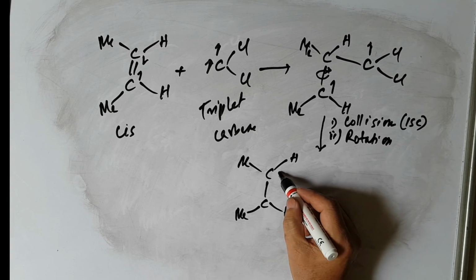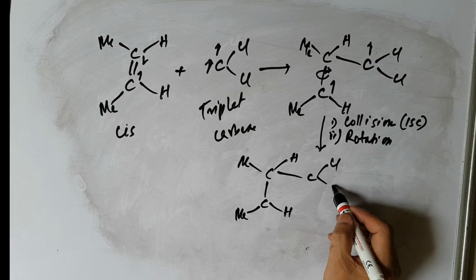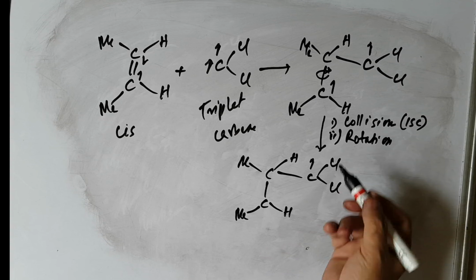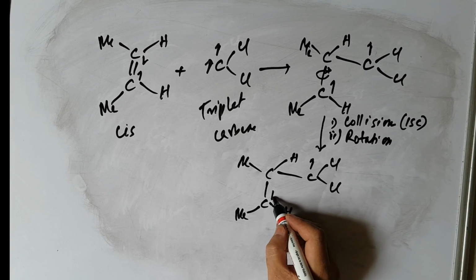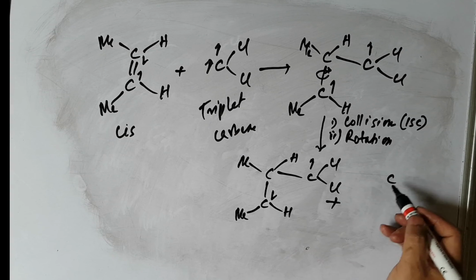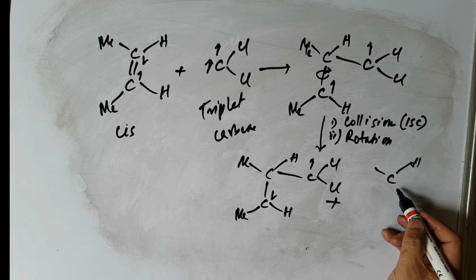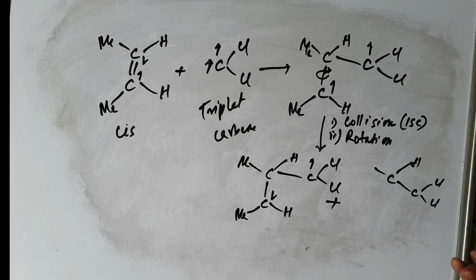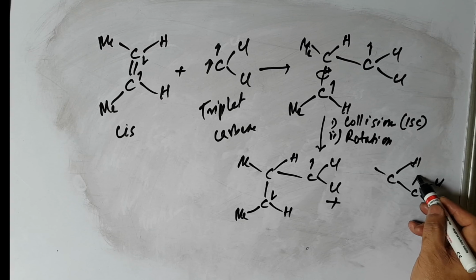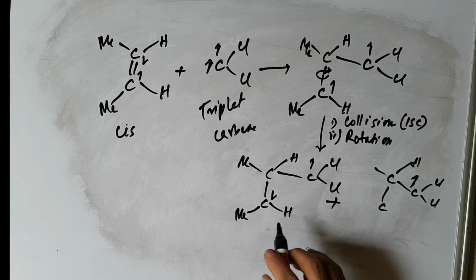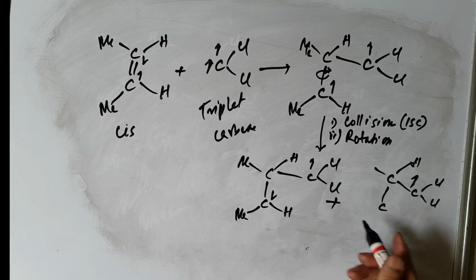Here the spin is up, and due to the collision this one becomes down. Can you see this one? The spin is up, and this one, due to some rotation, the bond is rotated.